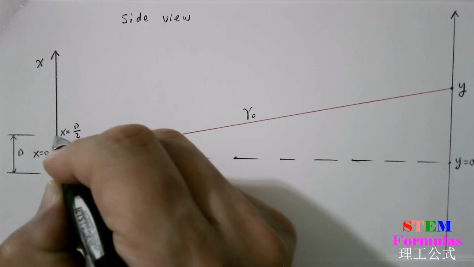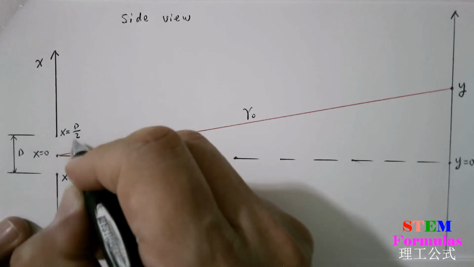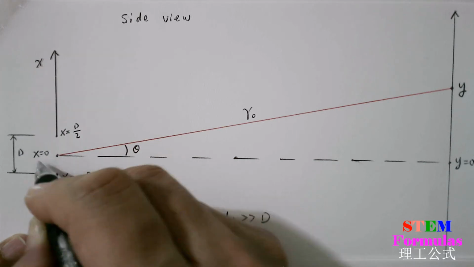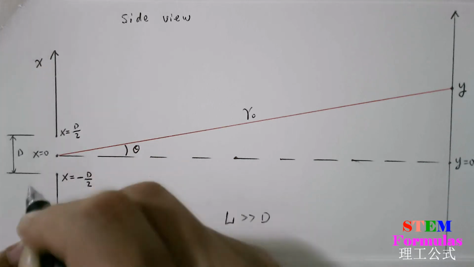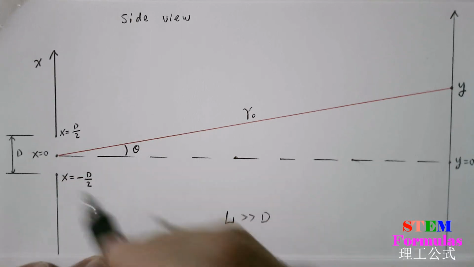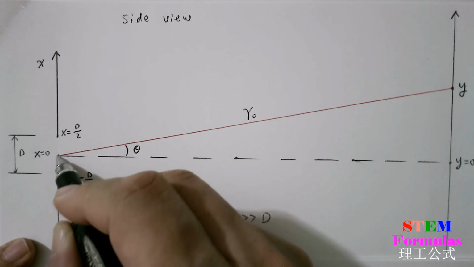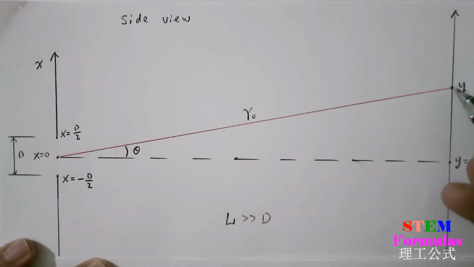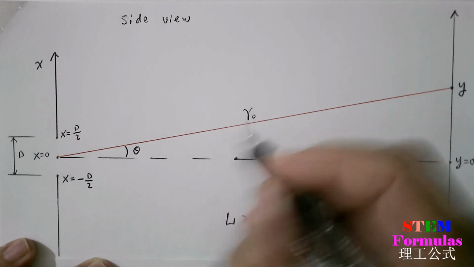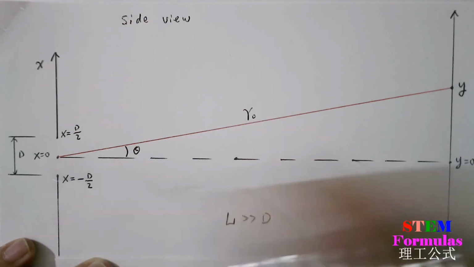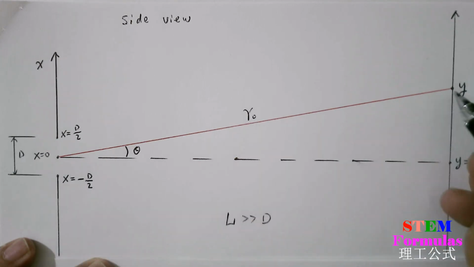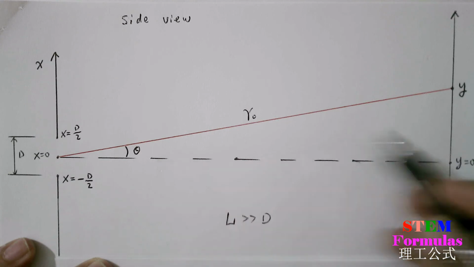On the top of the slit, x equals d divided by 2. The center point we define as x equals 0. The width is d. Now, we draw a line from the center of the slit to any viewpoint. The length of this line is r0.